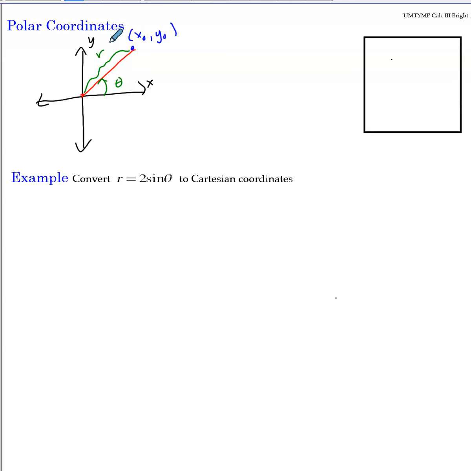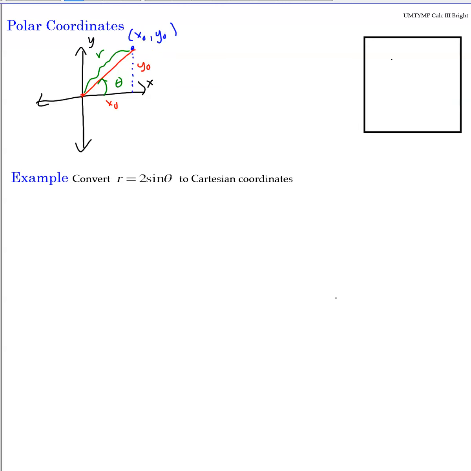Okay, and so consequently, we might remember this. Maybe we need a moment to review, but if we want to find the angle theta here, certainly this is x naught and y naught.